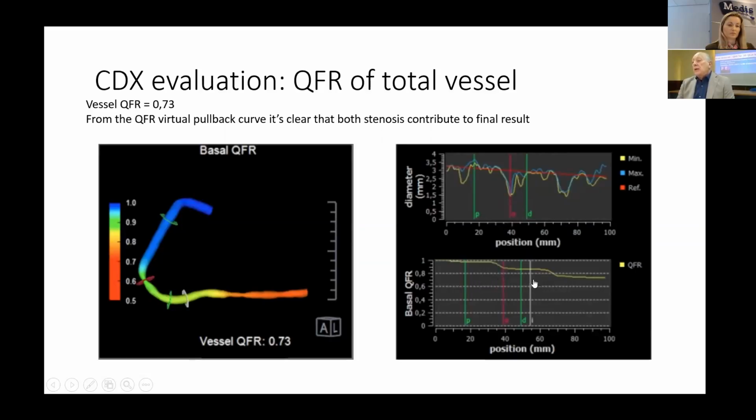So you can see here all the pressure drops related to it. This is very important, not only to see the functional significance of the single lesion, but to study it and to detect the length of the eventual stent that you can put there. So you see here that we have 2 drops related to 2 stenoses.